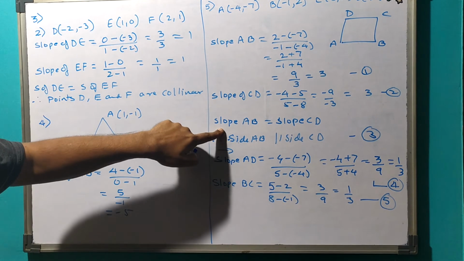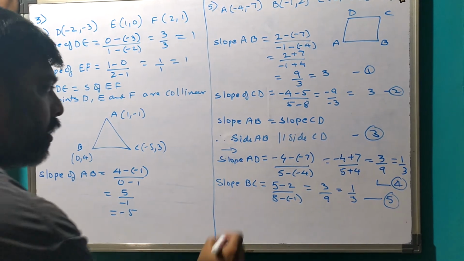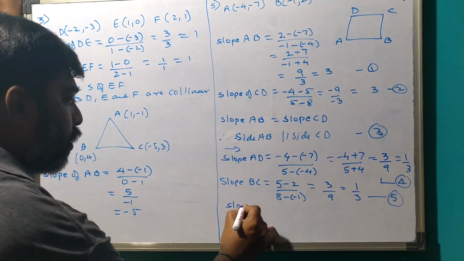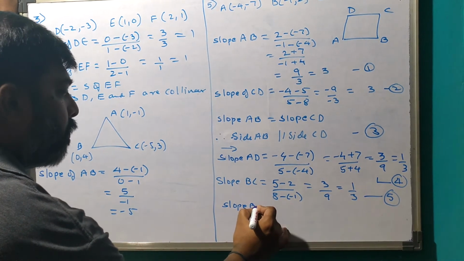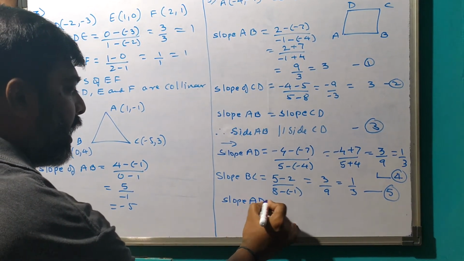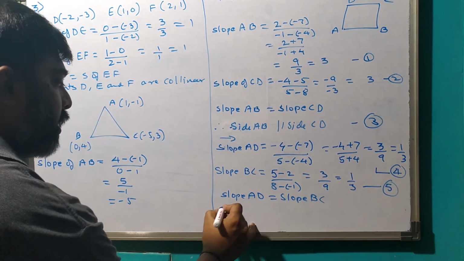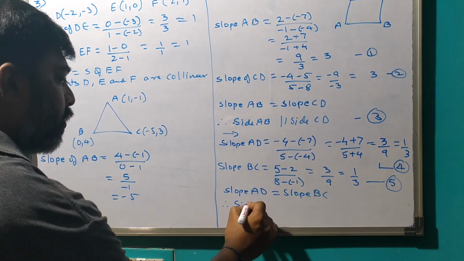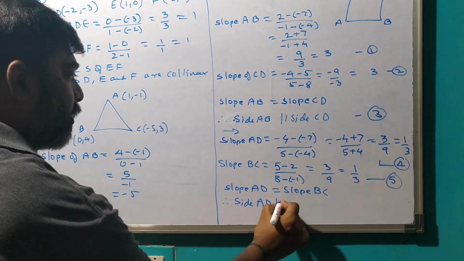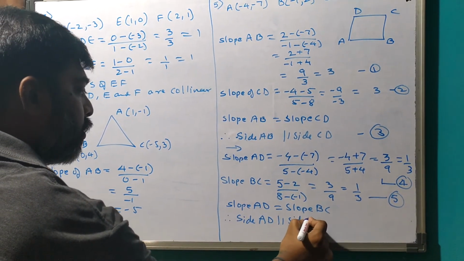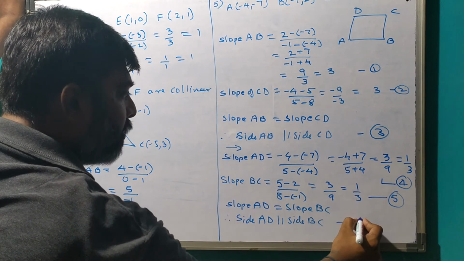Like this, over here also I can write slope AD is equal to slope BC. Therefore, side AD is parallel to side BC. Make this statement as 6.